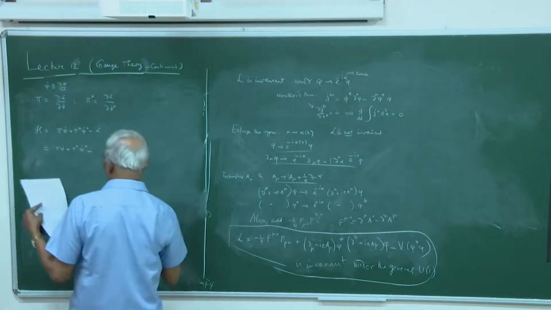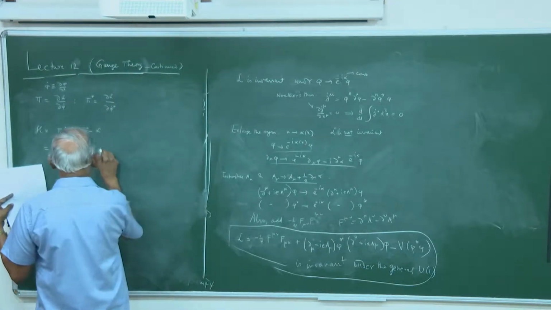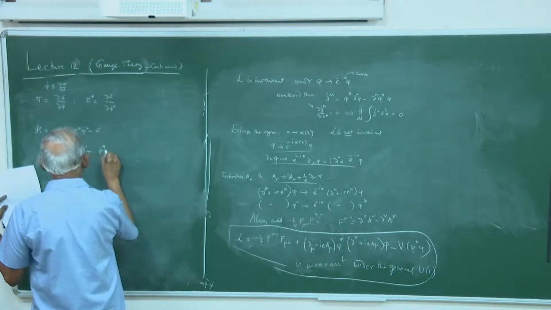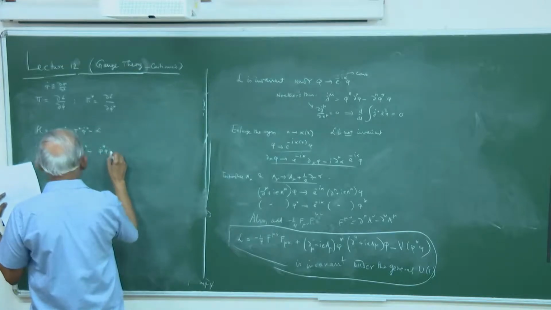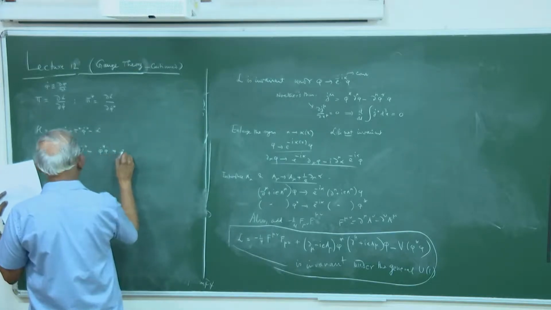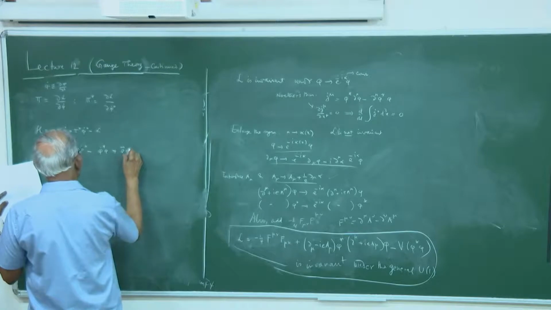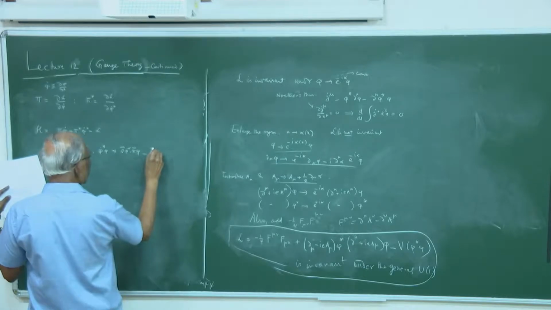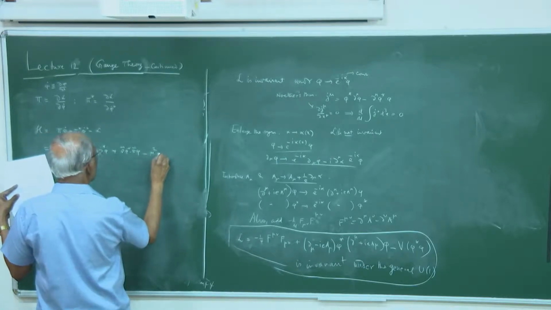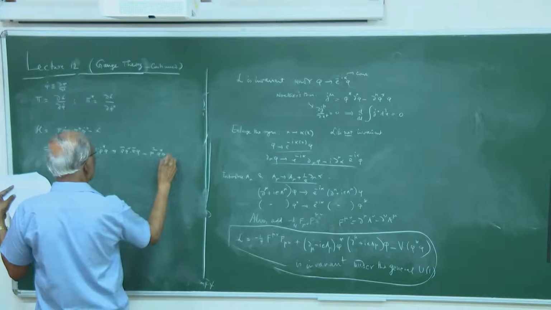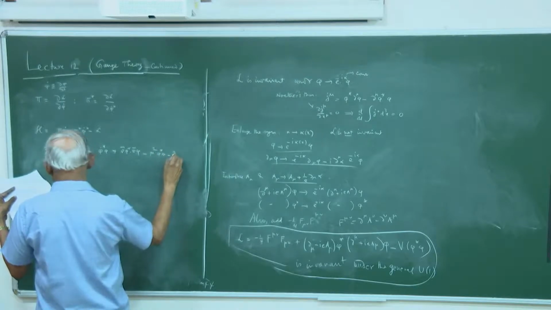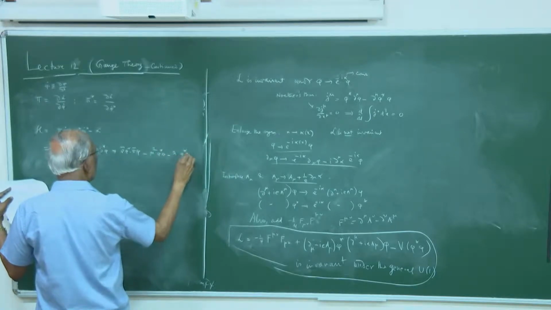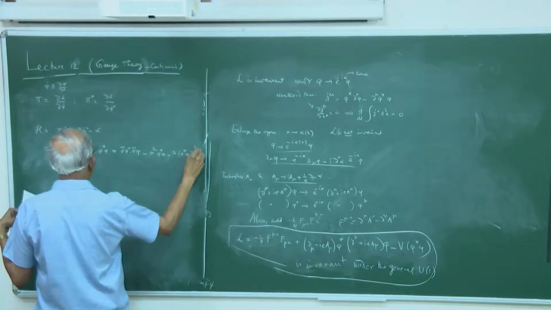The time parts are simply phi dot star into phi dot, and the spatial parts are simply gradient of phi star dotted with gradient of phi. Then minus, let me write down the explicit form of V, mu squared phi star phi minus lambda phi star phi whole squared. So this is actually the free scalar field.